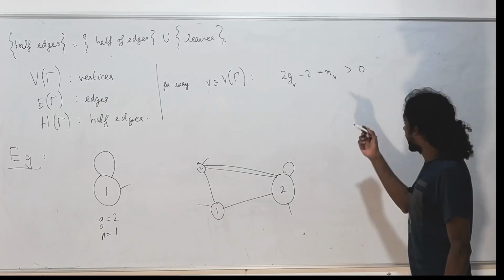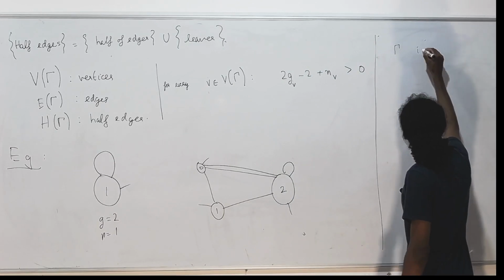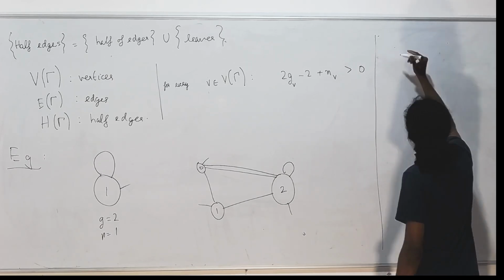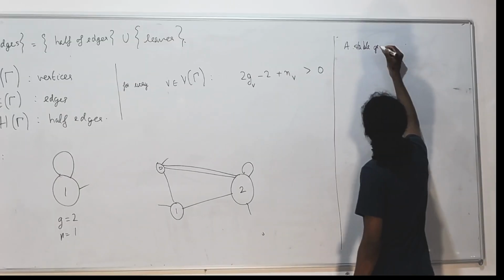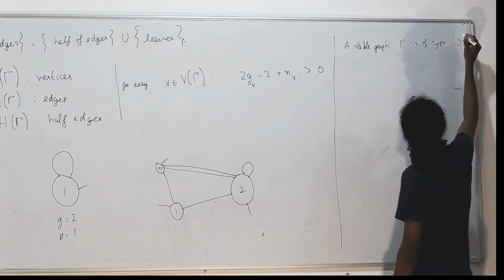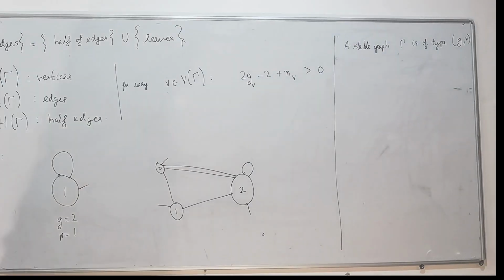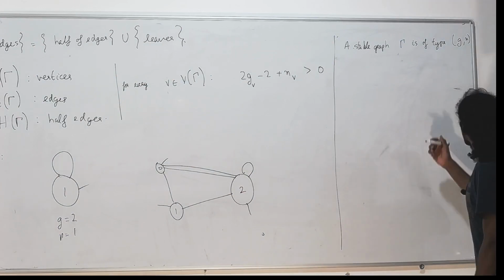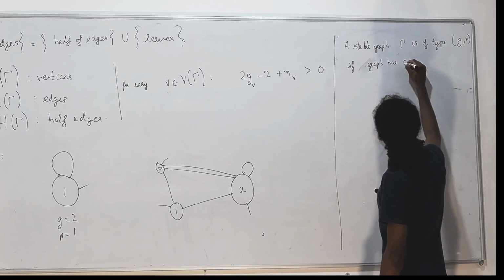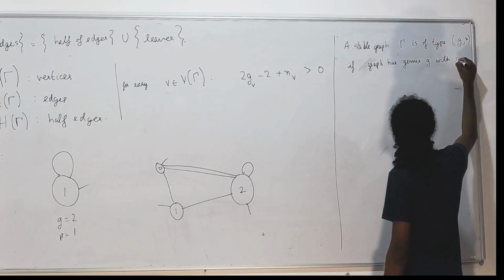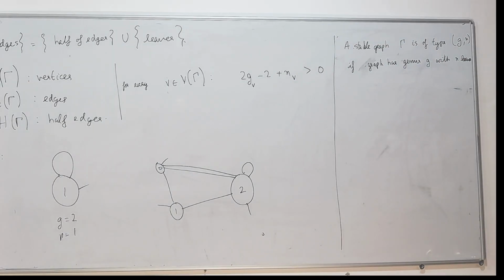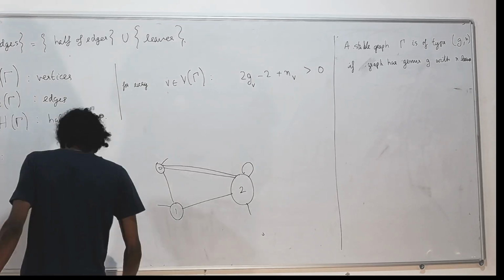But I will say that a stable graph gamma is of type (g,n) if the graph has genus g with n leaves, or equivalently, it came from a stable curve of genus g and n markings.